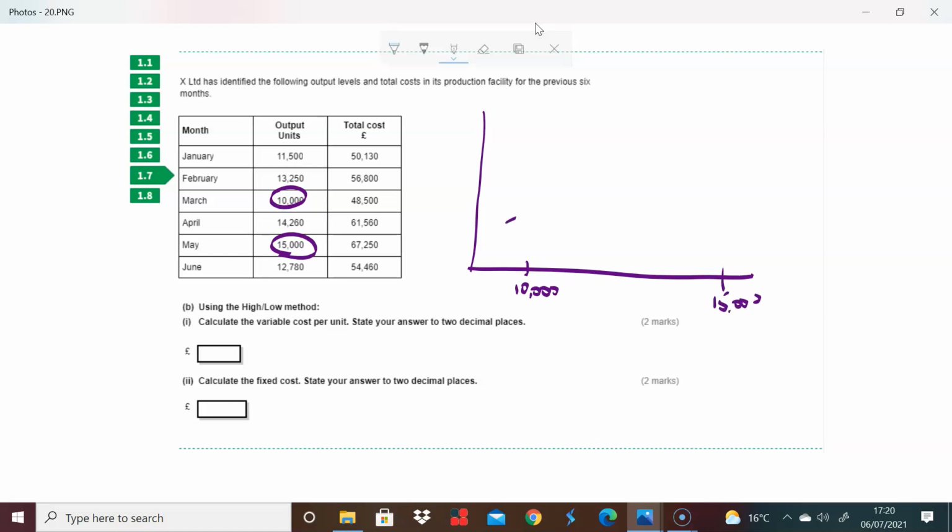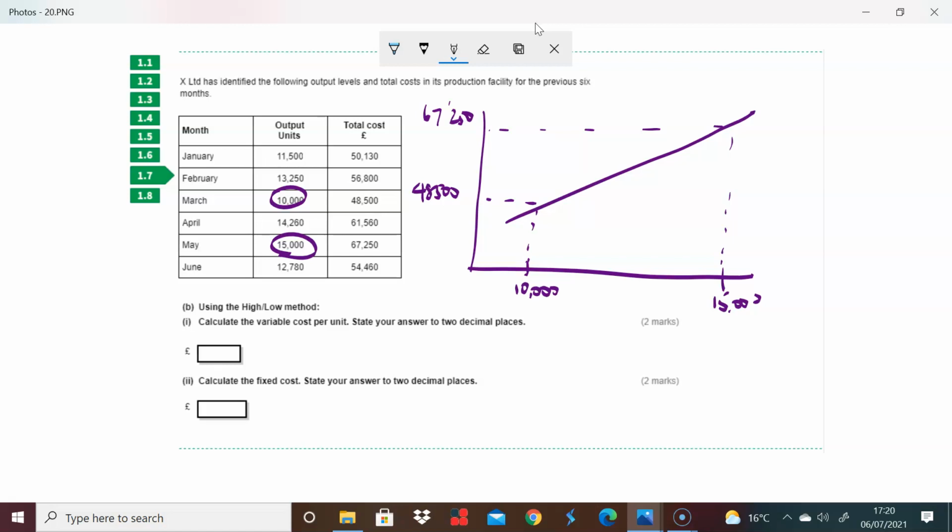That's really the point we're trying to work out here. 10,000 here is 48,500, and 15,000 is 67,250.